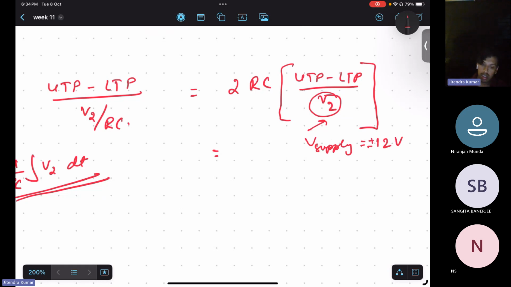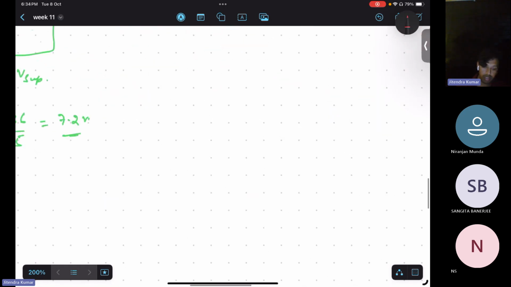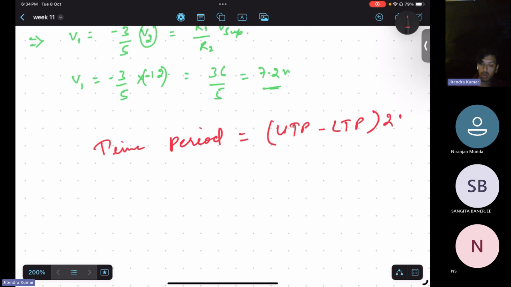Okay, now our expression is ready, we are just going to plug in all the values, right? So the time period is equal to UTP minus LTP into 2RC divided by V supply. So we have simplified it in terms of this value.